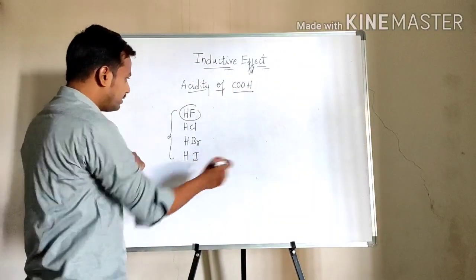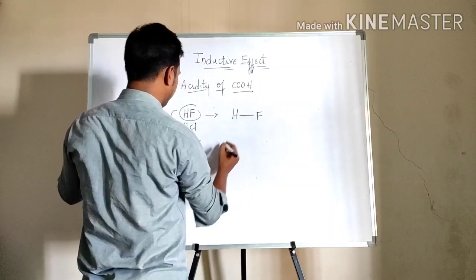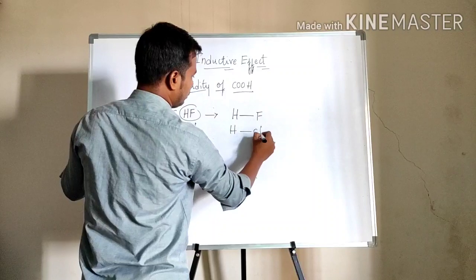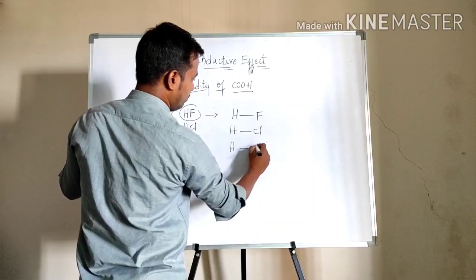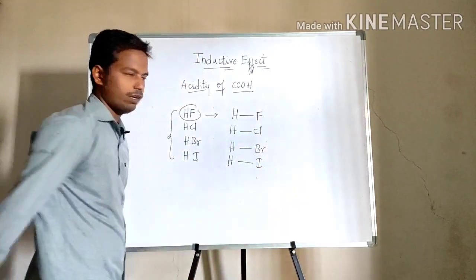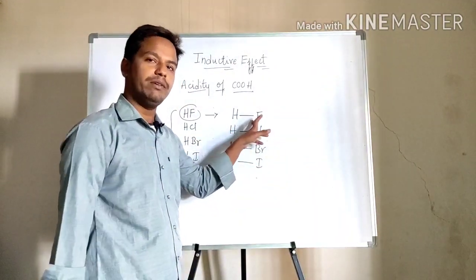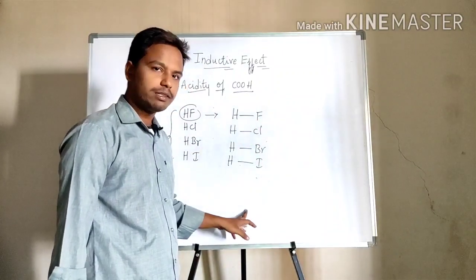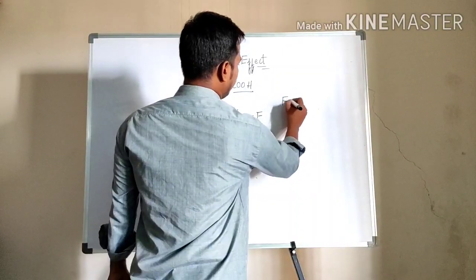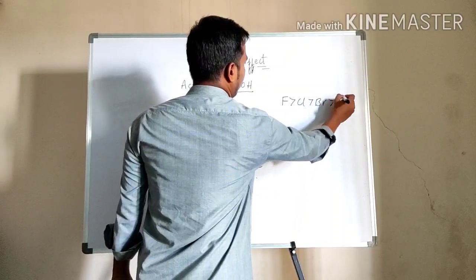For example, I will draw the structures HF, HCl, HBr, HI. Fluorine is the most electronegative element when compared to these, then chlorine, then bromine and iodine.